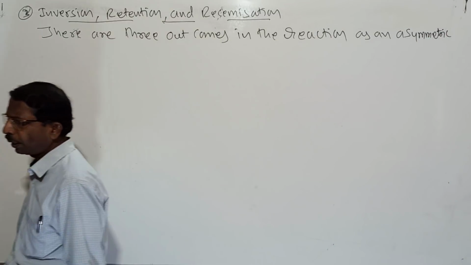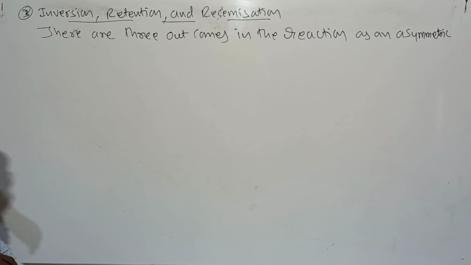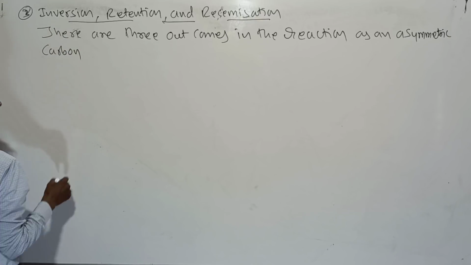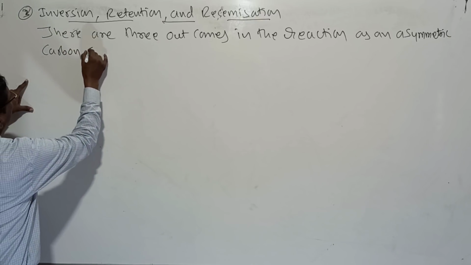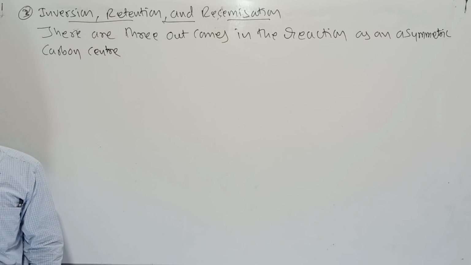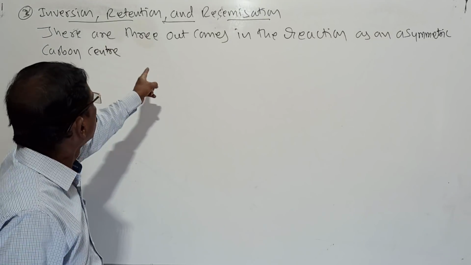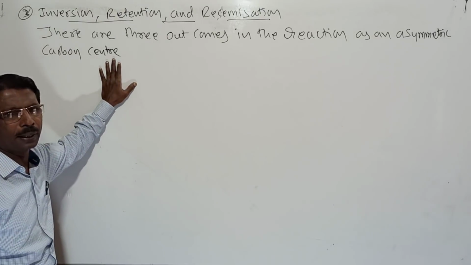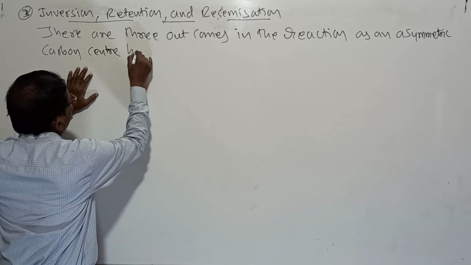There are three outcomes for any reaction at an asymmetric carbon center. Look here, as an asymmetric carbon center, there are three outcomes in the reaction.